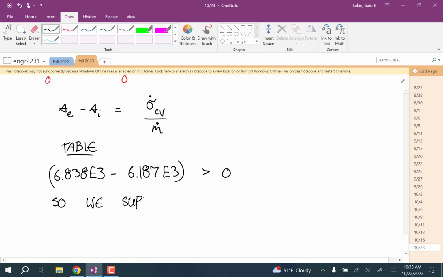So we kind of supposed right. This is a nozzle. If we imagine that it was going the opposite direction, we would get the exact opposite result. And the negative value for entropy production means that it's not possible.